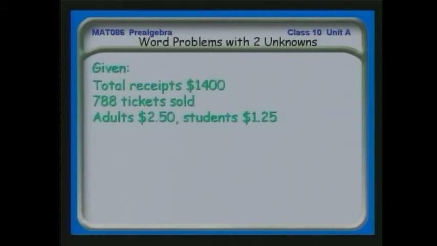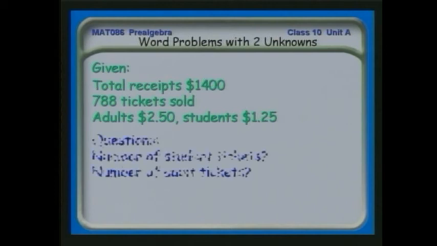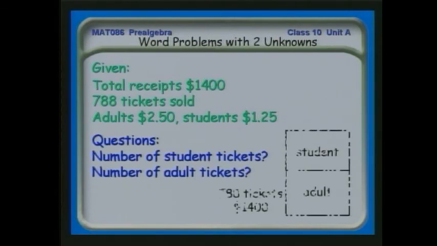Let's summarize the information: the total receipts, the number of tickets, the two different kinds of tickets. What we're asked is how many student tickets, how many adult tickets. We know we've sold a total of 788, and we have divided between student and adult tickets. We just don't know how many of each, and that's what we're looking for.